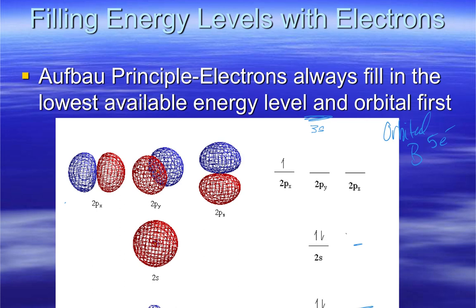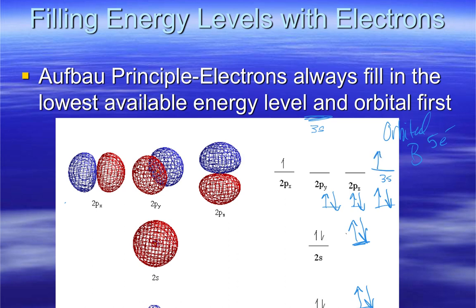So if I were to put these 5 electrons in this diagram, Aufbau's principle says that I have to put them in this order. There's 1 electron, there's electron number 2, electron number 3, electron number 4, and then this is 2p, this is electron number 5. If I were going to sodium, it would fill just like that: 5, 6, 7, 8, 9, 10, 11.